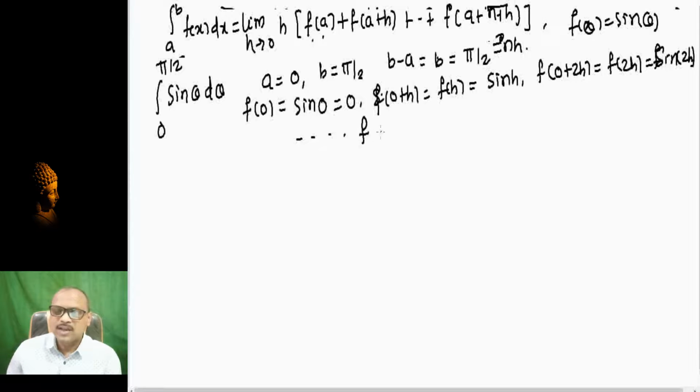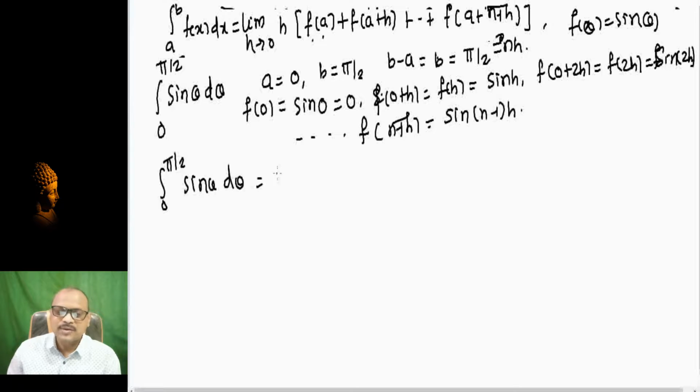Can you predict the last value? f of 0 plus (n minus 1) h equal to sine of (n minus 1) into h. Now it is a mechanical part to put the values in that formula.